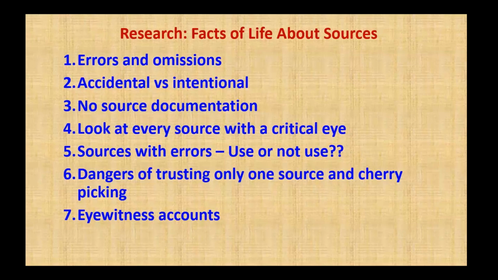Research material without source documentation should never be trusted. You would call that hearsay versus genealogy. You should look at every source with a critical eye, no matter how reliable you believe it to be. AKA, you should be a detective.